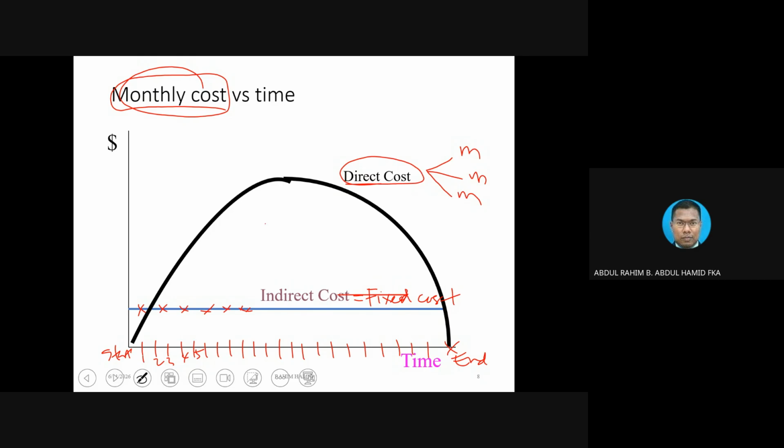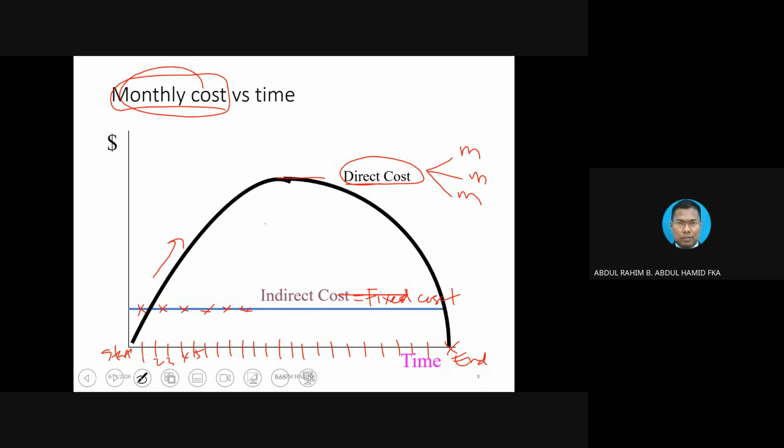When you start the project, of course, you don't buy anything yet. You don't have to pay people salary yet. But then, when the project starts to move according to the work, you start spending, going up, and then there is a peak.